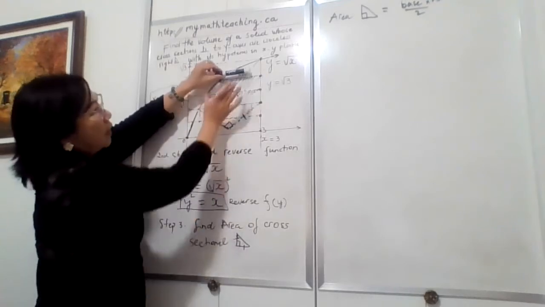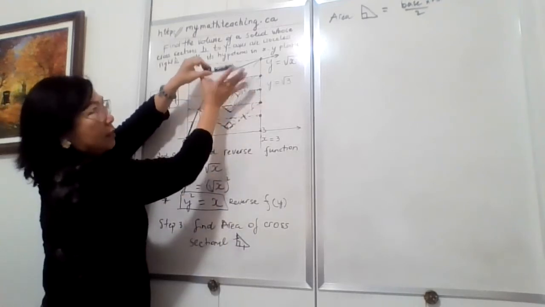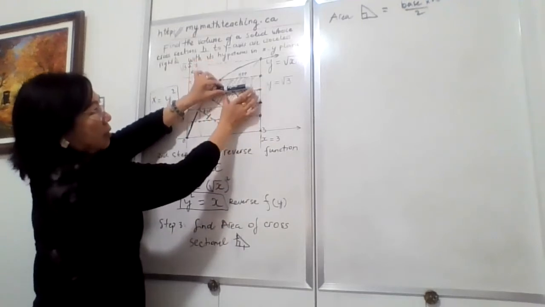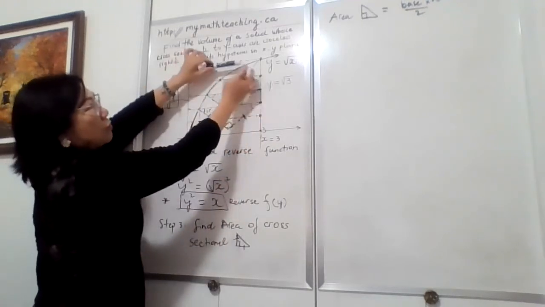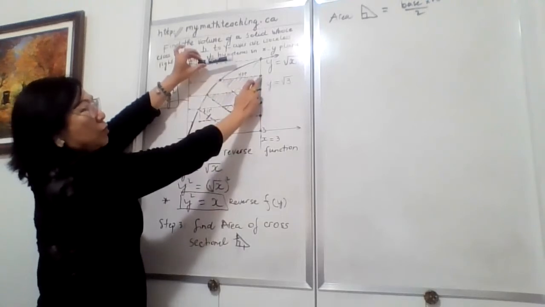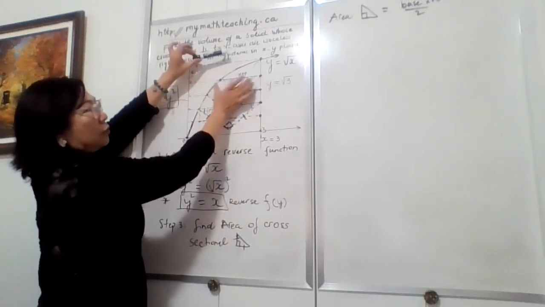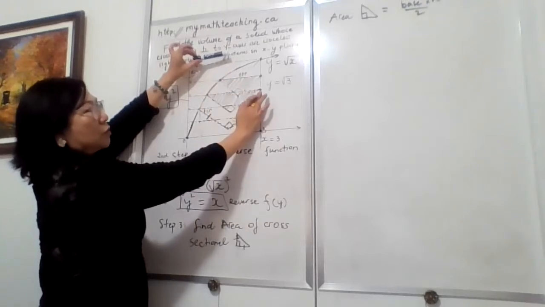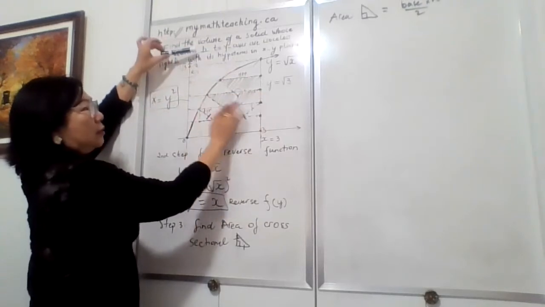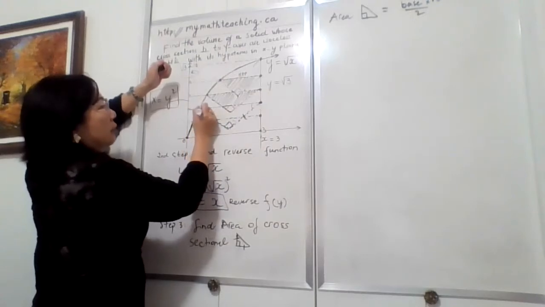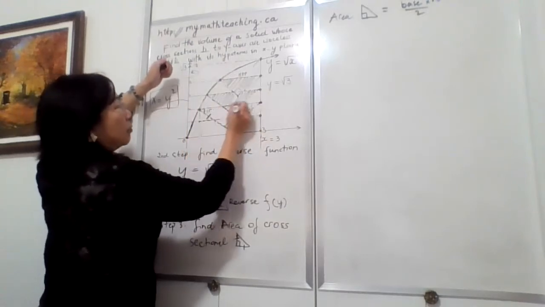When you want to find the length of any straight line like this, you use the end point, subtract the beginning point. So we use this coordinate, subtract this coordinate to get the length of the hypotenuse.